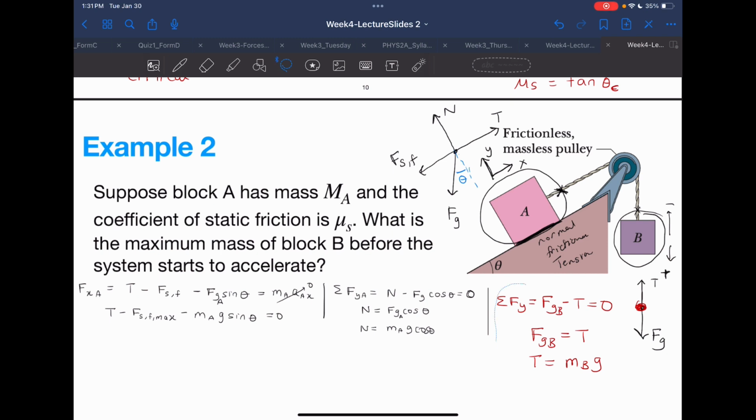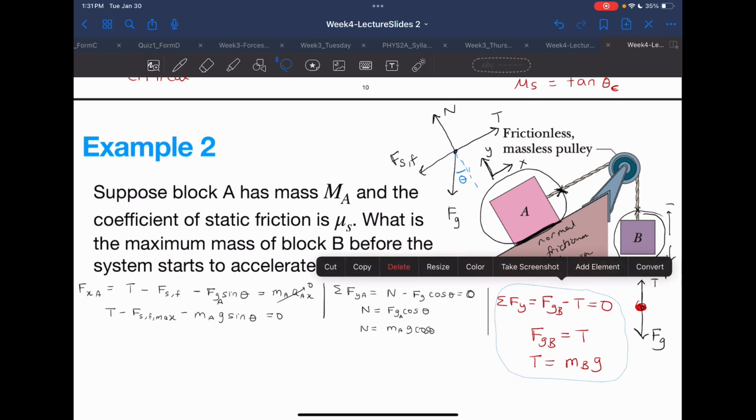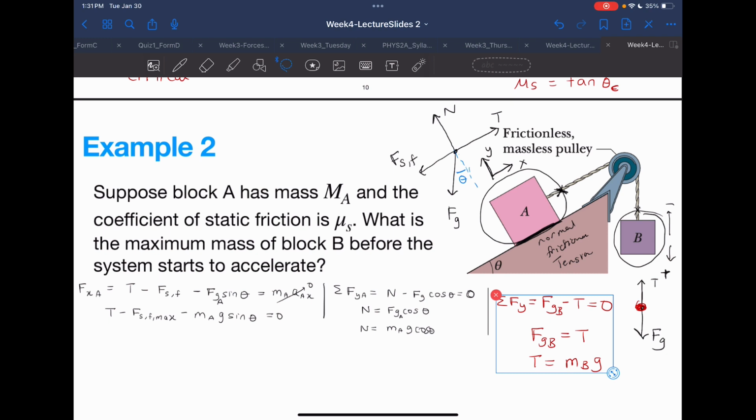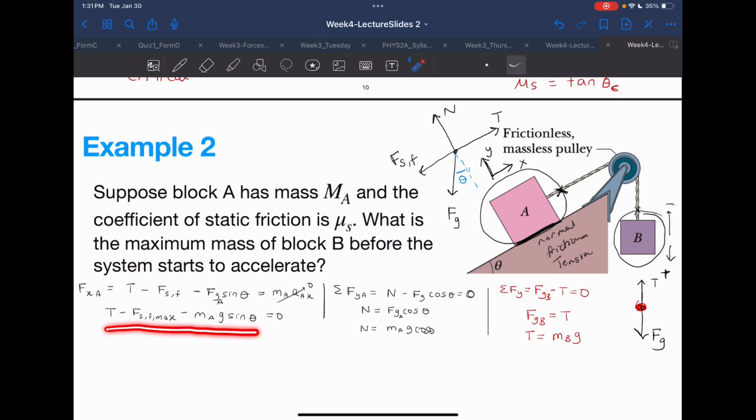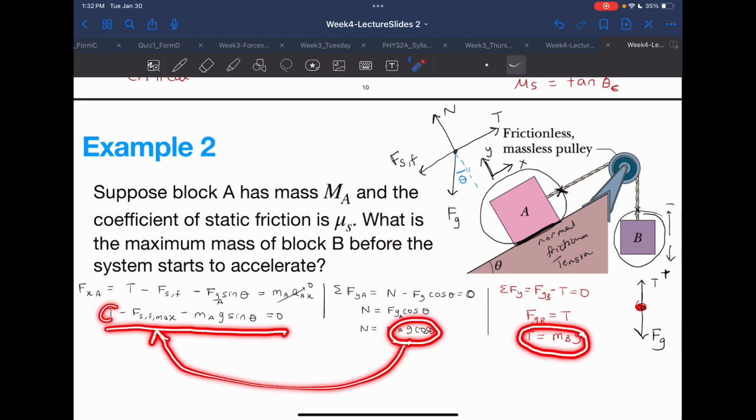So the tension force is equal to the mass of block B times acceleration due to gravity. Alright, now we have all the equations we need to solve for what we're being asked for, and in this case, it's the maximum mass of block B. So I will go back to this equation and plug in both the normal force into the expression for friction and the tension force here.